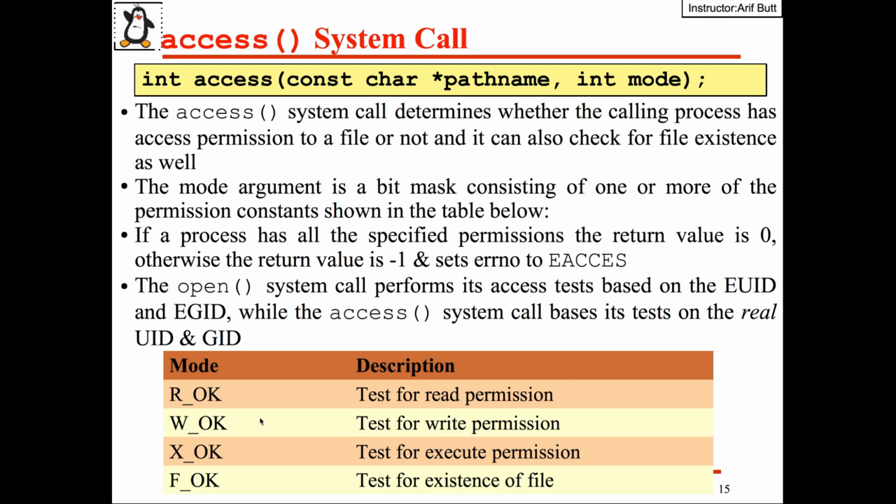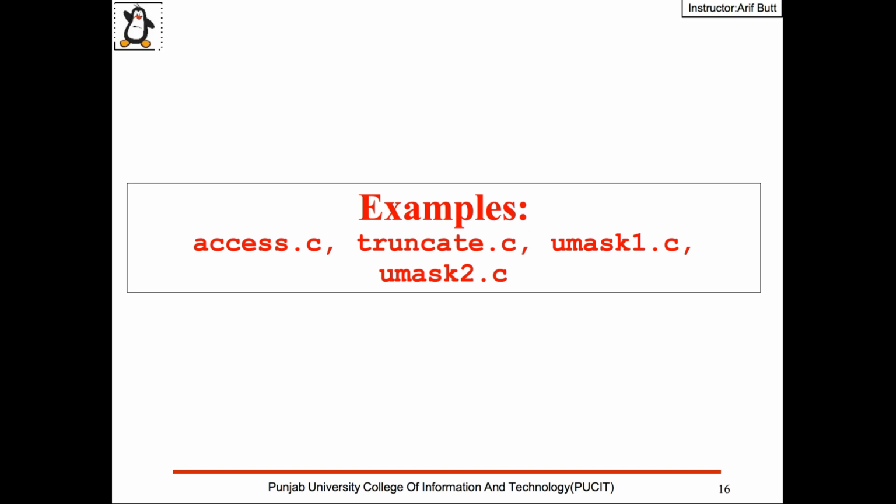If you want to test for write permission, you can use this. The point to note is that the open system call bases its success on the effective user ID and effective group ID, while the access system call bases its test on the real UID and GID. We'll talk about effective UIDs and GIDs in a later session, inshallah, when we talk about process management.